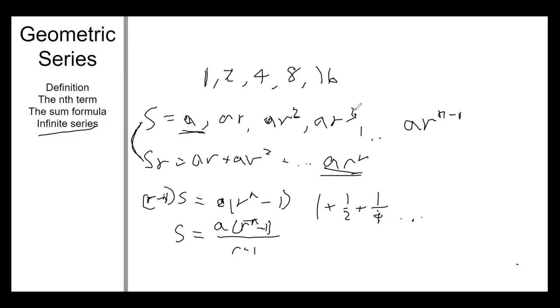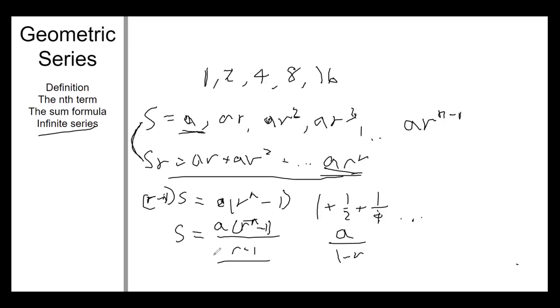You can use a similar approach to what we used for a finite number of terms, but when you extend it to infinity, the formula will just be A over 1 minus R, or minus A over R minus 1. R has to be less than 1, or else the series will increase infinitely and never reach a finite value.